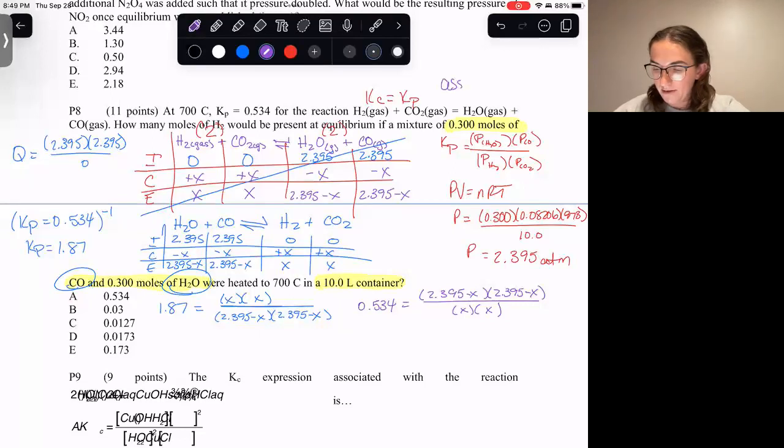So your assumption is you are neglecting X. Not neglecting X, but neglecting the minus X, that change in X. If Kp equals 1 times 10 to the negative fifth or less, and you get a smaller number, right?